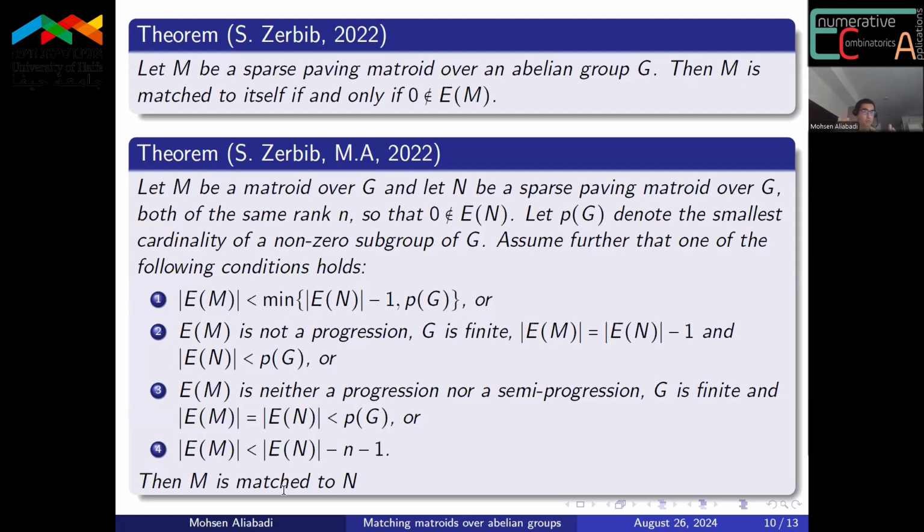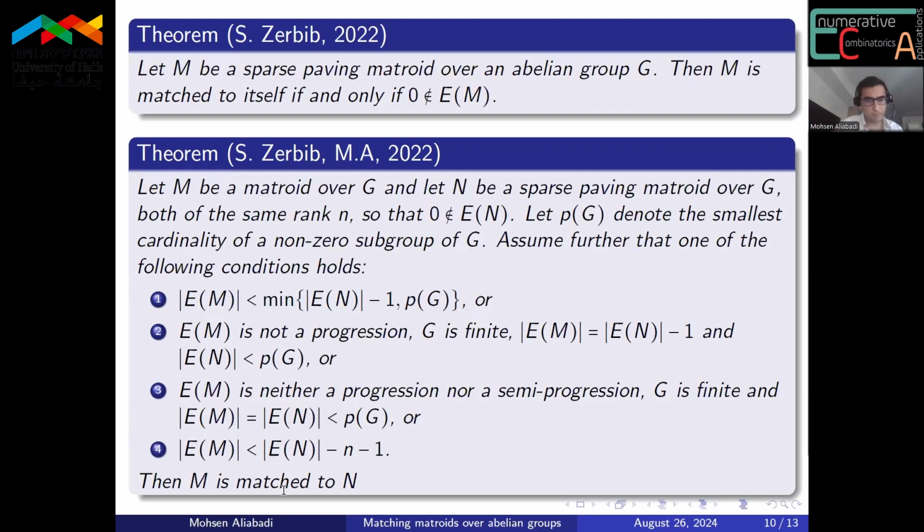Intuitively, this must be the case, because if the ground set of M is very large, then it would be difficult, if not impossible, to meet the condition of matchability in matroids.